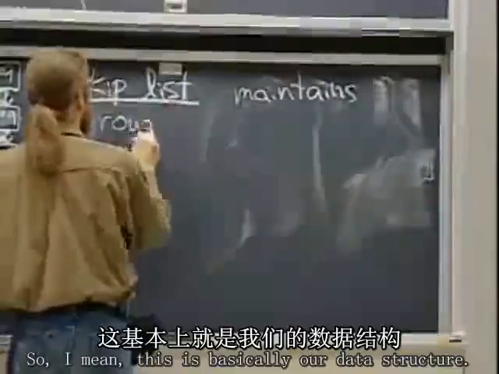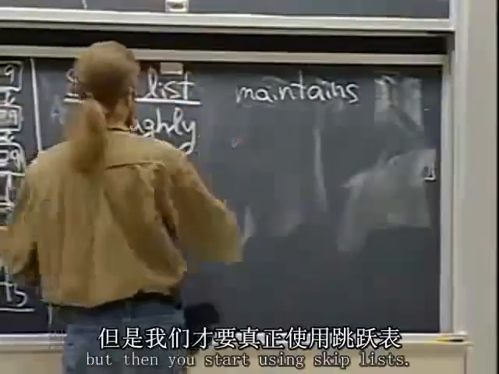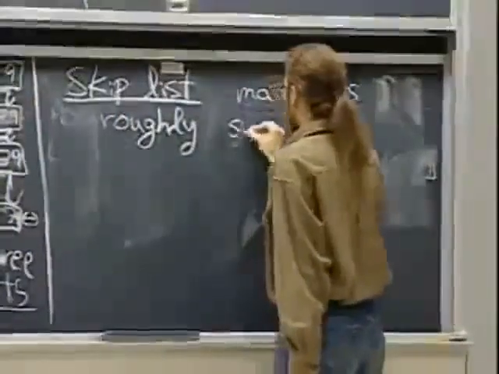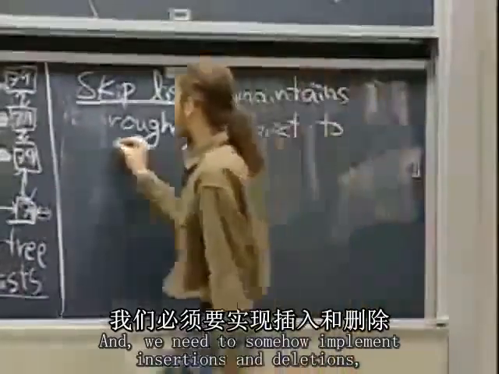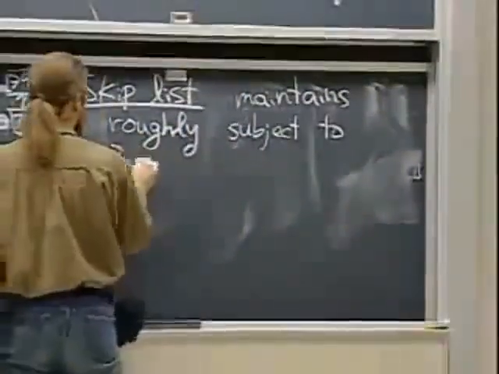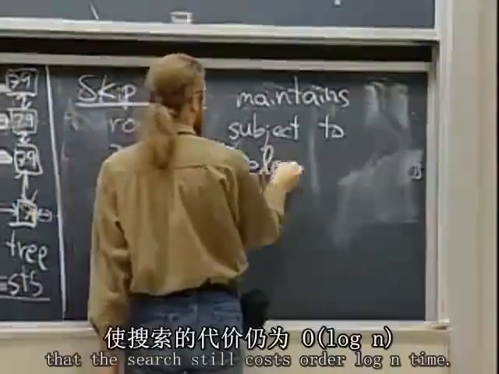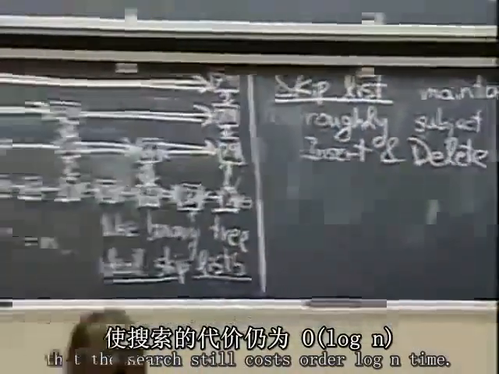So this is basically our data structure. You could use this as a starting point, but then you start using skip lists. And we need to somehow implement insertions and deletions and maintain roughly this structure well enough that the search still costs order log n time.